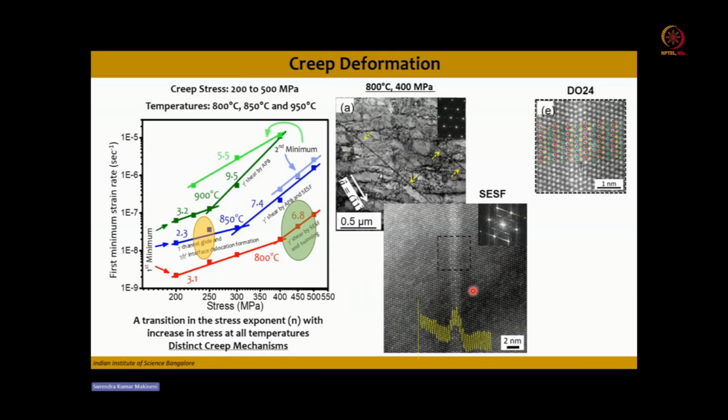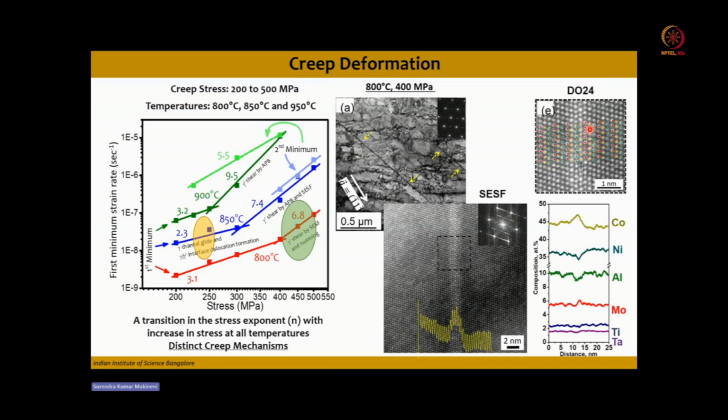Again, this is a HAADF image where you can see the Z contrast. The atomic columns are brighter, meaning the intensities are larger than the surroundings, and these are coherently embedded and have a locally D0_24 structure. If you see the composition profile, the EDS profile, you can see that there is an enrichment of moly and cobalt, while depletion of nickel and aluminum, and a change in tantalum.